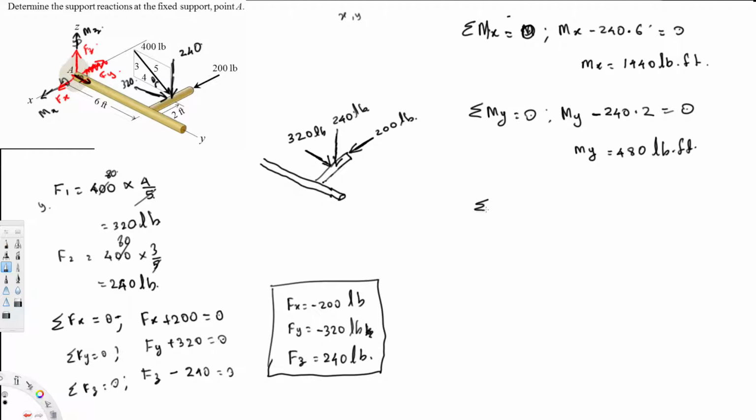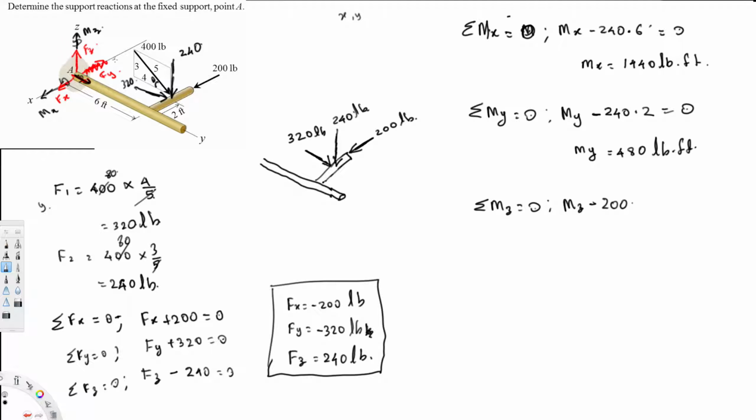Then if I solve for Mz, for Mz we are going to have two forces. X is going to create moment, and also y is going to create moment. So I get Mz minus 200, because it's pushing this object clockwise, so it's minus 200 times the distance, which is 6 feet.